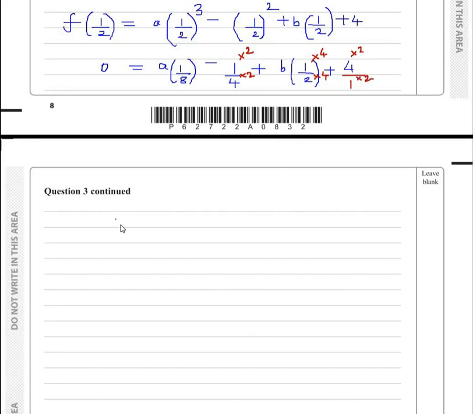So it simplifies as 0 equals a over 8, minus 2 over 8, plus 1 times 4 is 4, 4 times b is 4b over 8, and this becomes 4 times 2 is 8, 8 over 8. It should be multiplied with 8 to get a denominator of 8. So 4 times 8 is 32, 32 over 8.